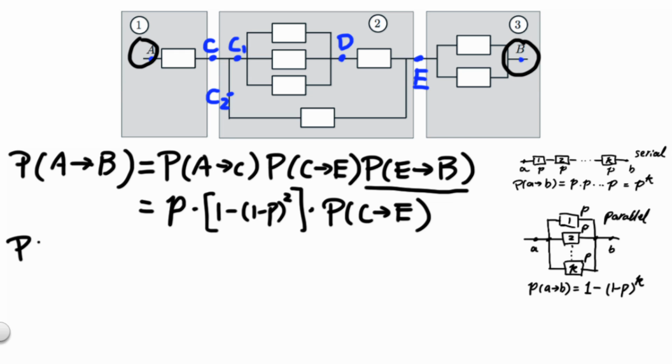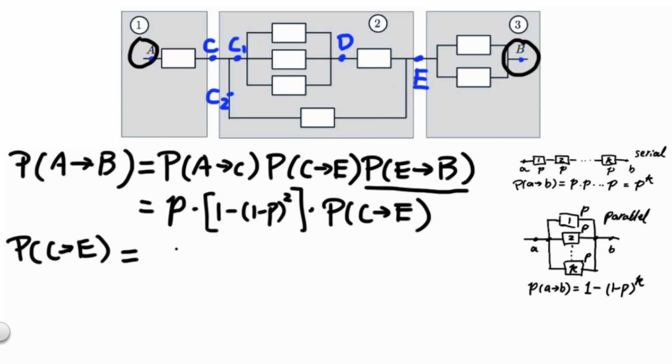To get a value for P of C to E, we notice again that this area can be treated as two components, C1 to E and C2 to E, connected in parallel.